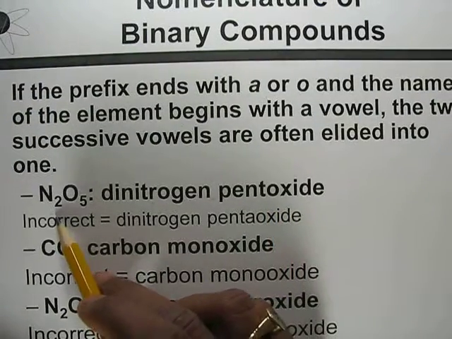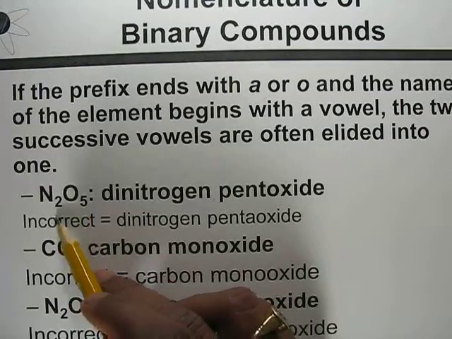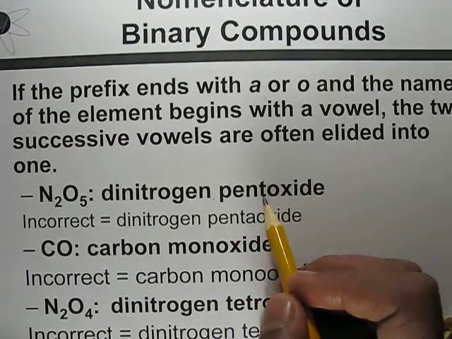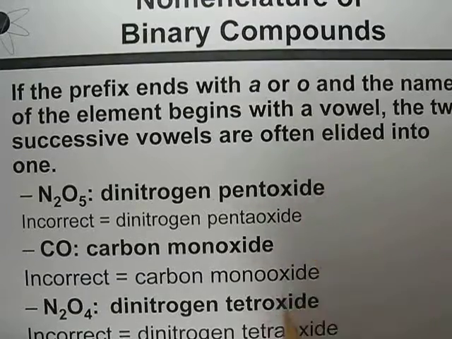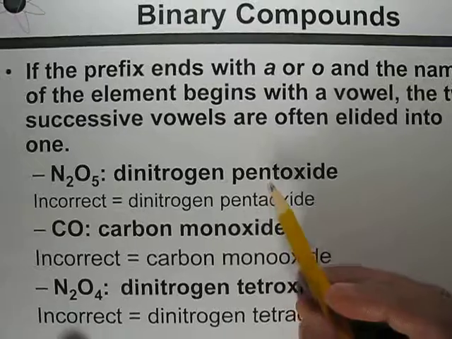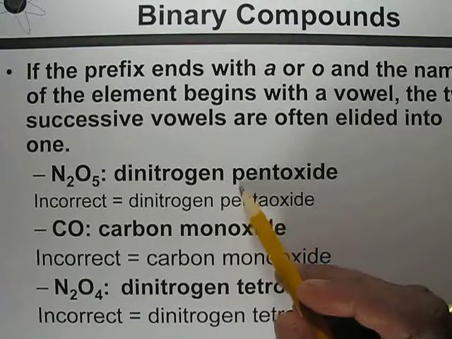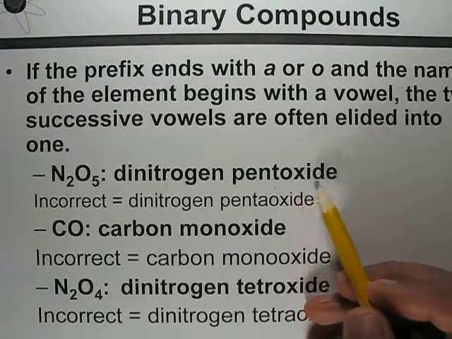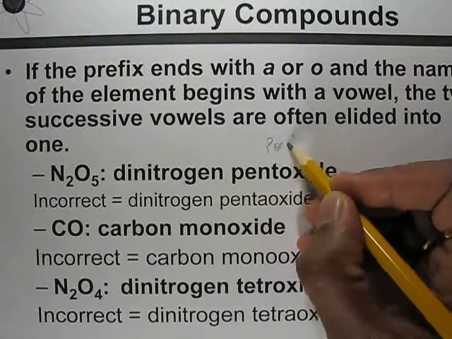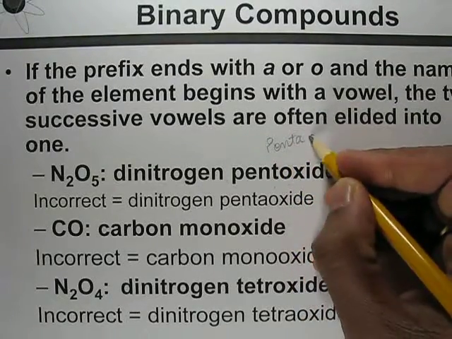N2O5 is dinitrogen and then pentoxide. It should be pentaoxide, right? Penta and then oxide.